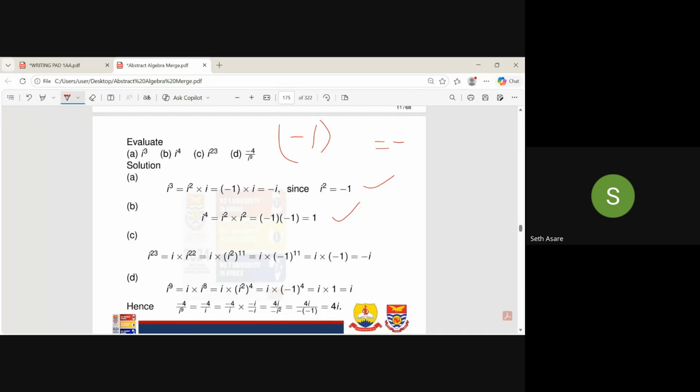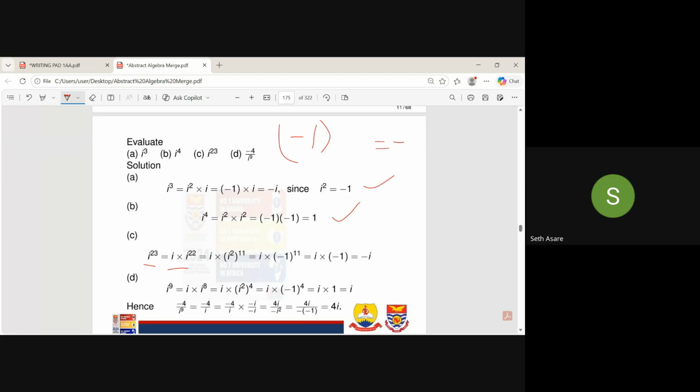But if we have a negative number to the power of an even number, we get positive. So we know 23 can be factored as 1 and 22 using the indices approach.